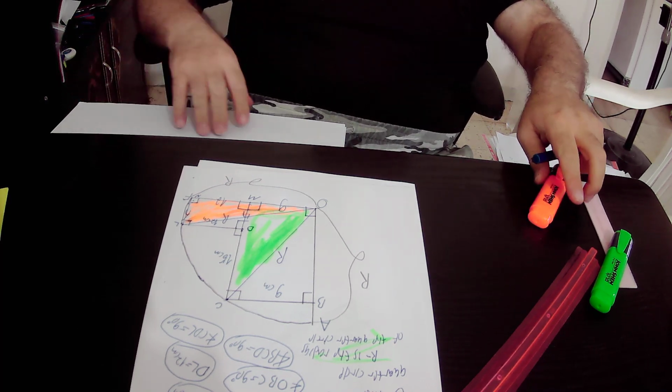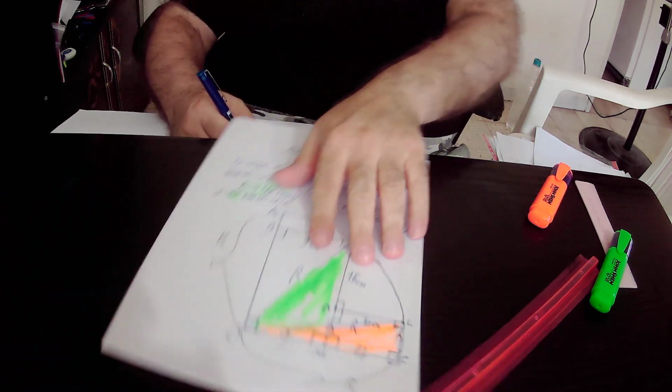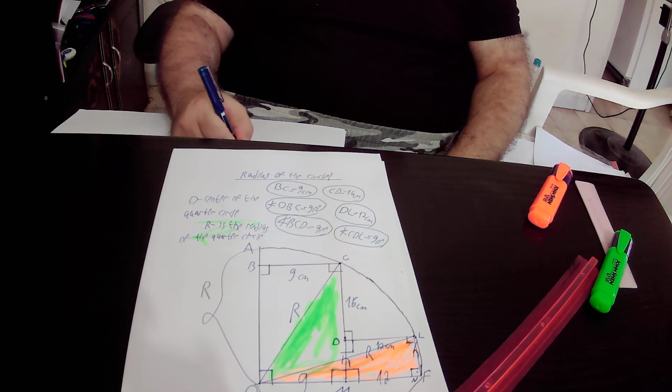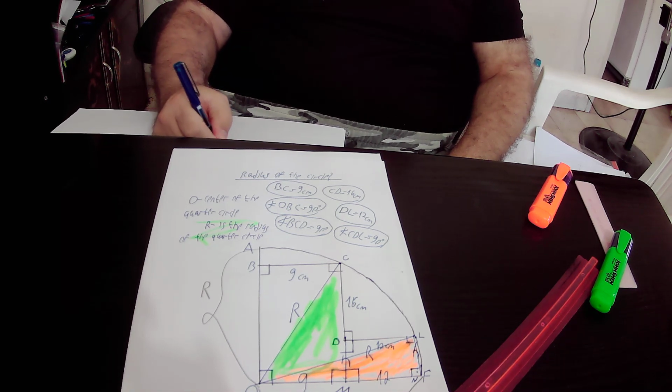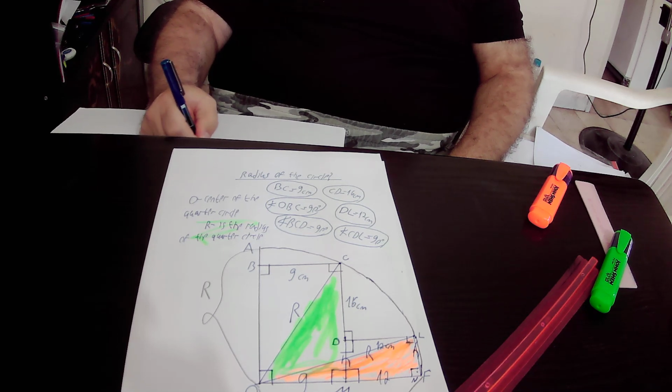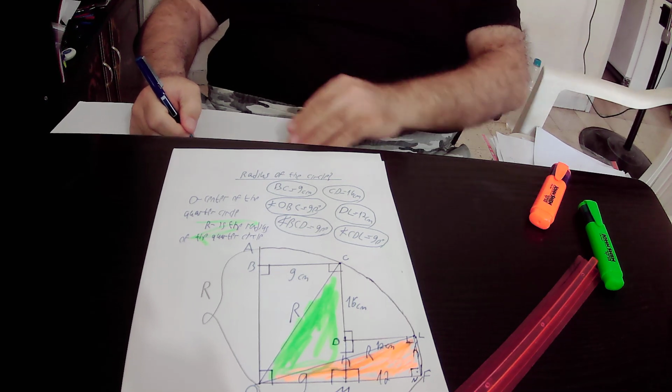In the orange right triangle OLF, by the Pythagoras theorem, the square of the hypotenuse equals the sum of the squares of the perpendicular sides.